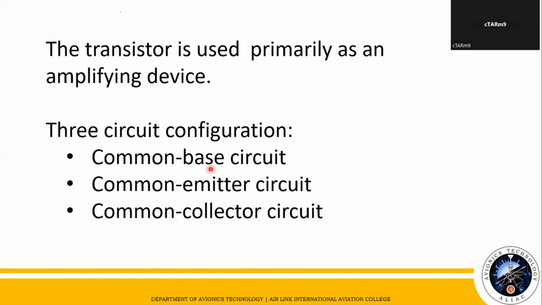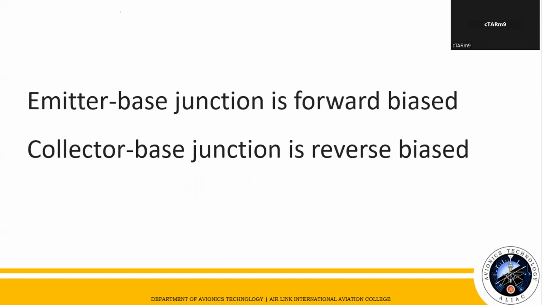So yung three configurations na meron tayo ay common base, common emitter, and common collector circuit. In each transistor, the emitter-base junction is forward biased, while the collector-base junction is reverse biased. Each configuration offers advantages and disadvantages.